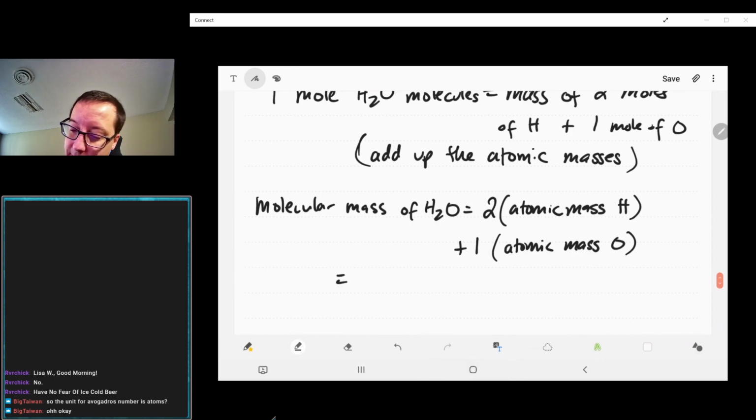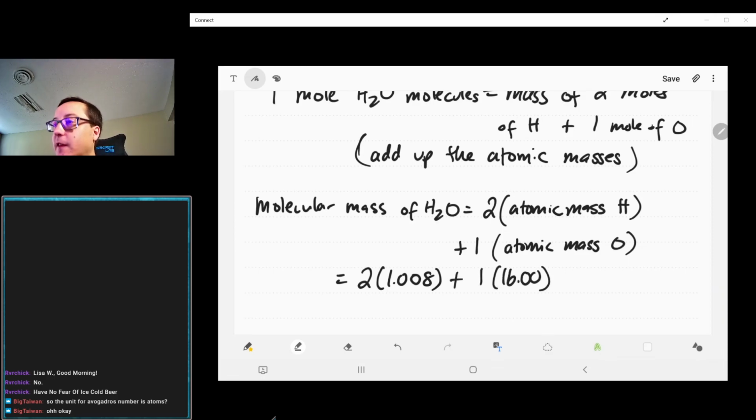If we look those up on the periodic table, we would end up getting these. And so we would see that our molecular mass of water would be 18.02. It's the same as just adding up the mass of all the atoms there.